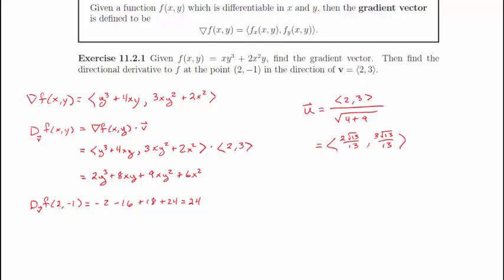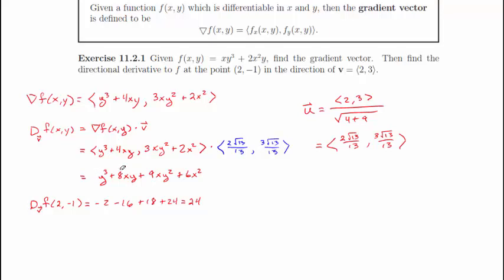So let's make a couple of quick adjustments here. Switch to blue to note my edits. So this now is going to become 2 root 13 over 13 comma 3 root 13 over 13.